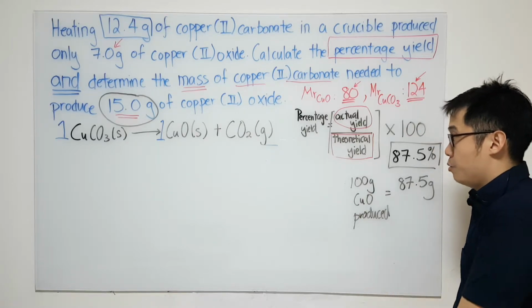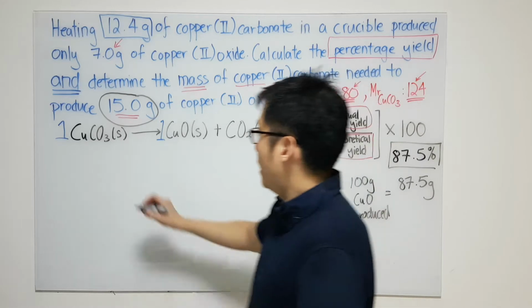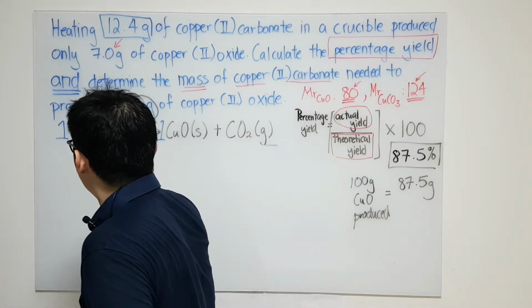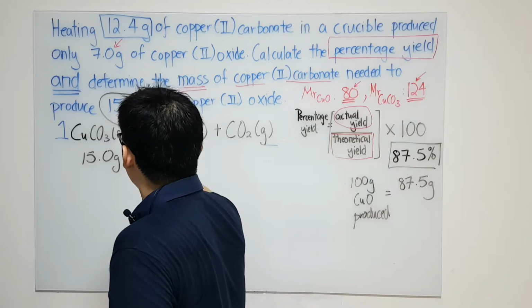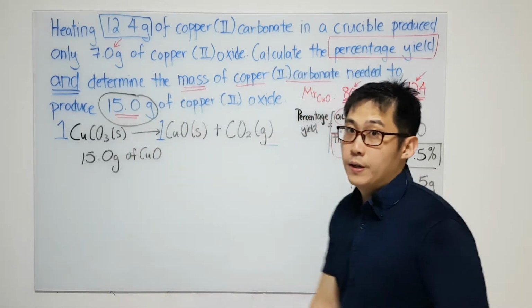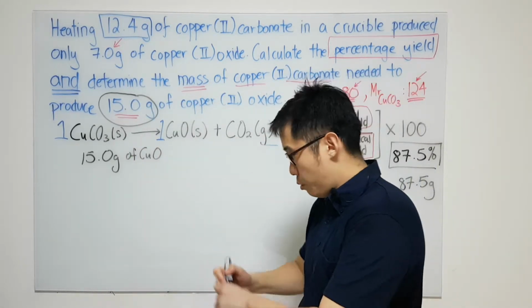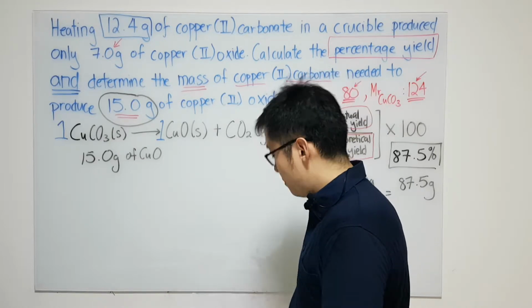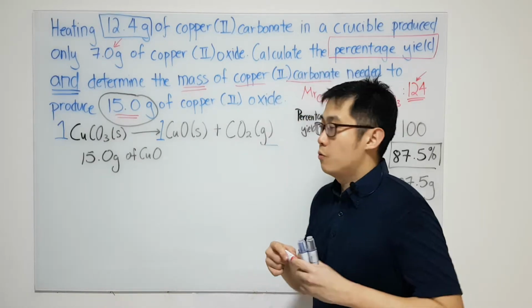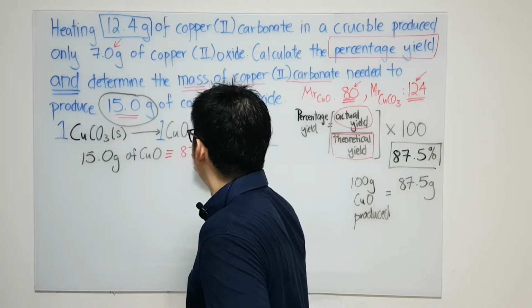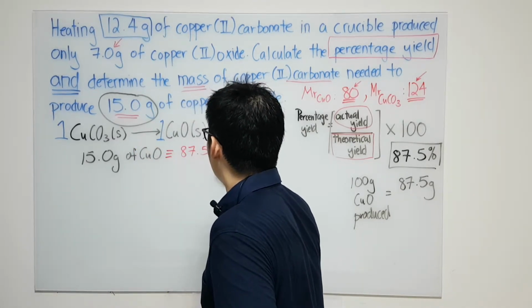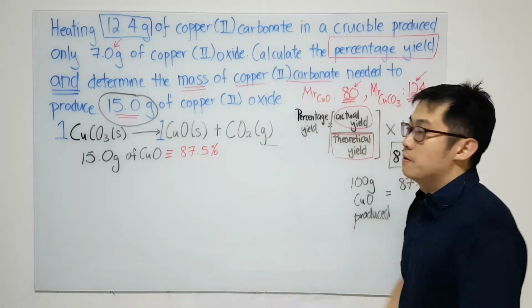Now, this means in order for me to get 15.0 grams of copper oxide, this 15.0 grams is actually representative of 87.5%.